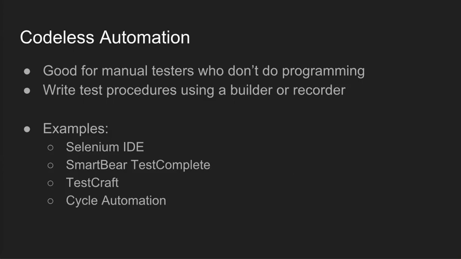Popular codeless testing tools include Selenium IDE, SmartBear TestComplete, and TestCraft, but there are many more available. Another interesting tool that is halfway between coded and codeless is Cycle Automation, which provides out-of-the-box Gherkin steps for web UI interactions.